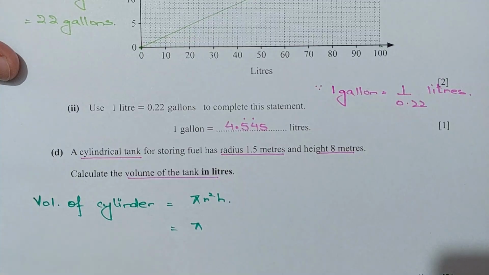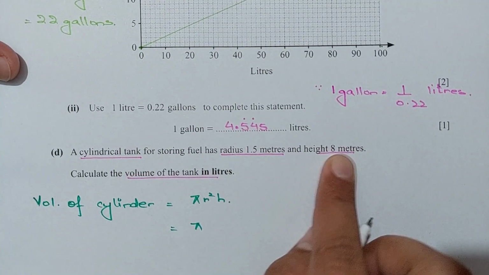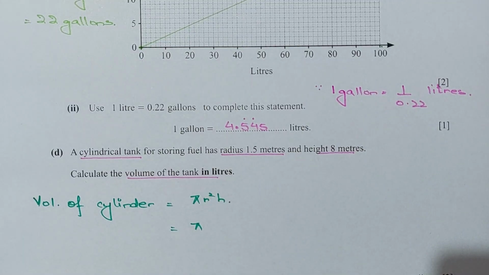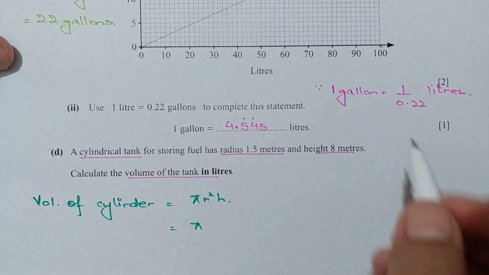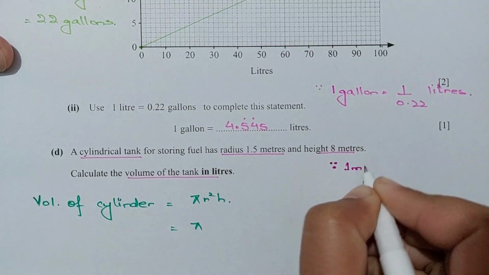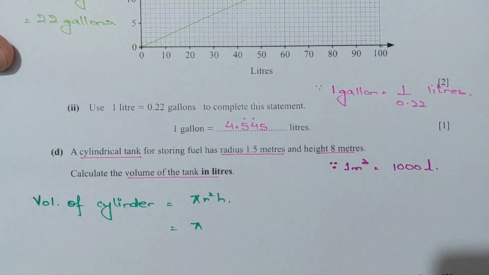The radius is in meters, height is in meters. We have to find the answer in terms of liters. Let me use the conversion. We know that 1 meter cube equals 1000 liters. 1 cubic meter has 1000 liters.